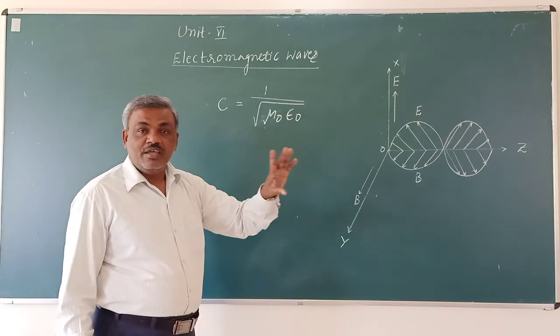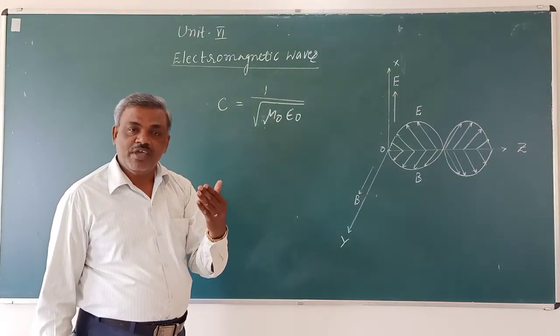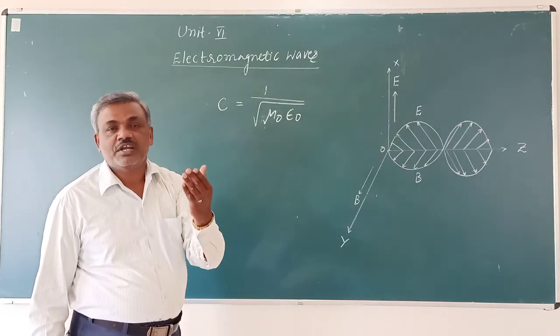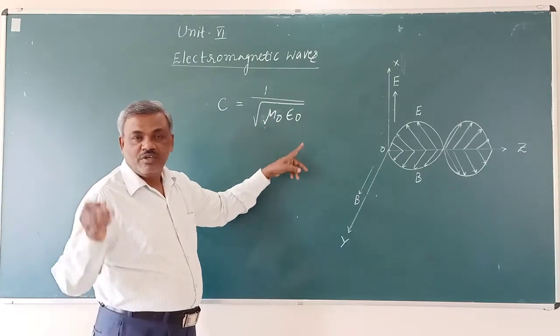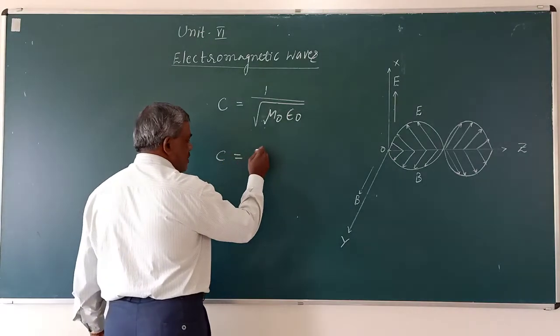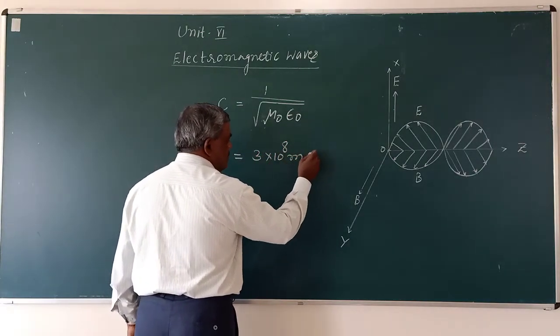Epsilon naught is the electric permittivity of free space, with value 8.854 into 10 power minus 12 in electrostatics. Now substituting the values of mu naught and epsilon naught, we finally get C equal to 3 into 10 power plus 8 meter per second.